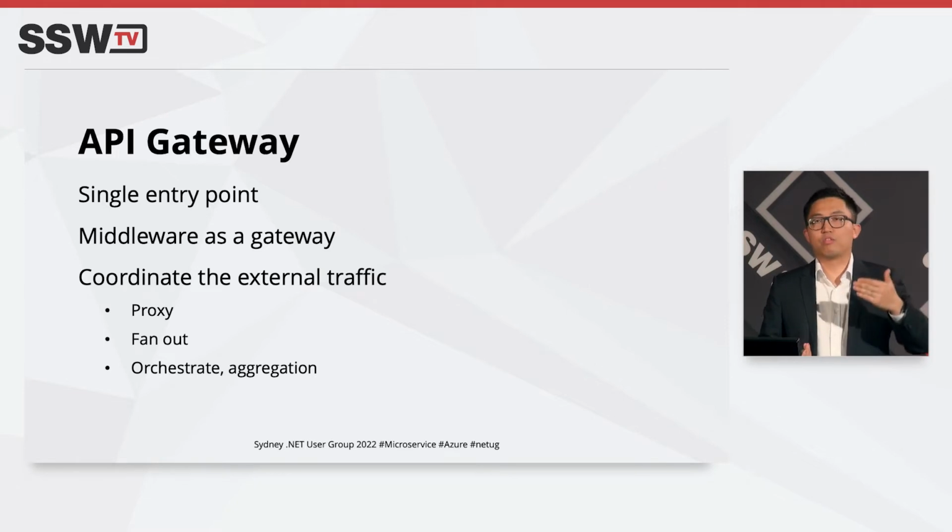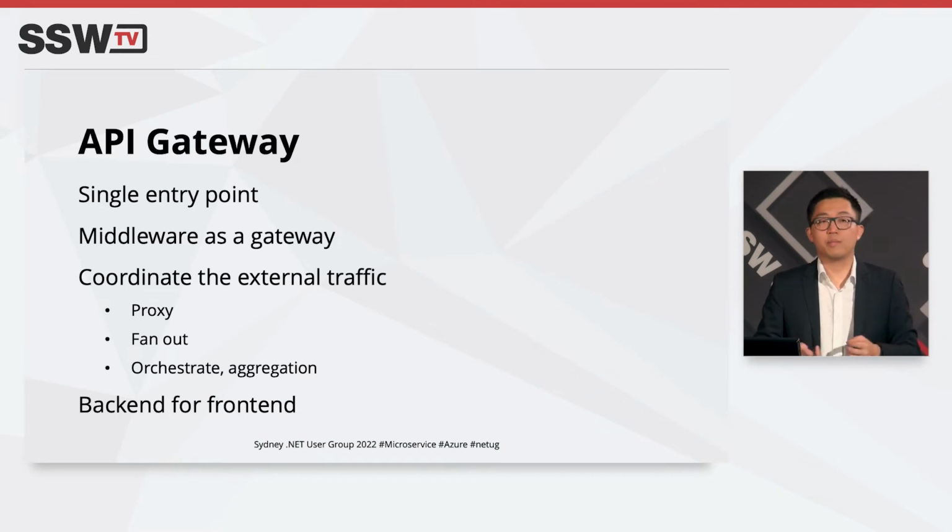It just offloads the traffic as is to some subsequent service directly. Or you can do fan out, together with a load balancing approach in the individual services. Or it can orchestrate or aggregate data from different services and return them in one go as a response payload.